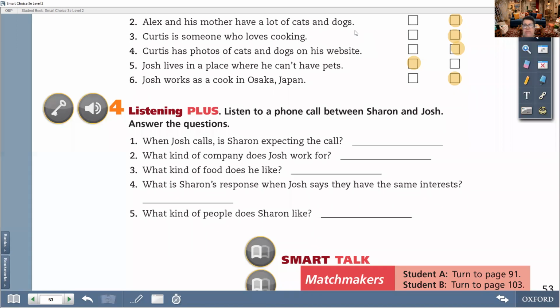Page 53. Listening plus. Listen to a phone call between Sharon and Josh. Answer the questions. Hello? Sharon? Yes? Hi, this is Josh. Josh? Yes, Josh from Japan. Oh, hi. You said I should call. Is it all right? Sure. Do you have time to talk now?